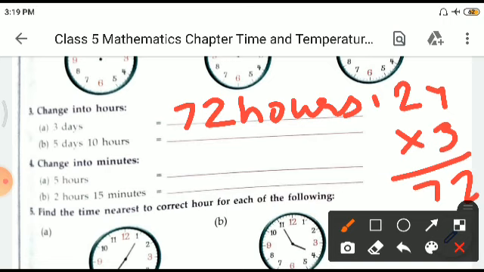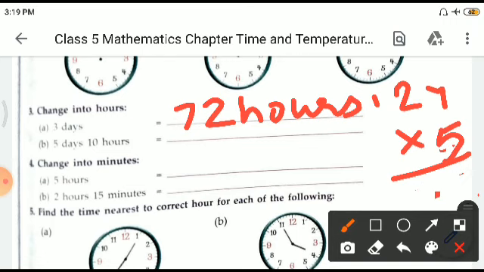Hours. 5 days and 10 hours. Right? Similarly, if you will be doing this, you will be getting the correct answer. Right? Absolutely similarly, you need to do this. You will be multiplying 24 by 5.